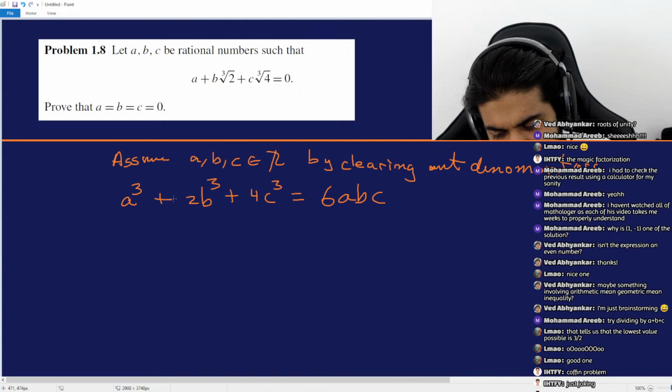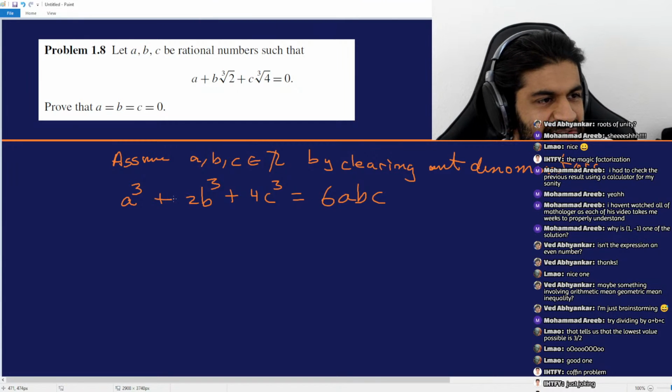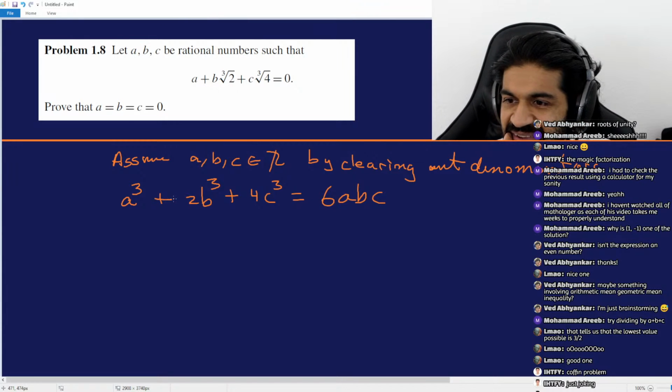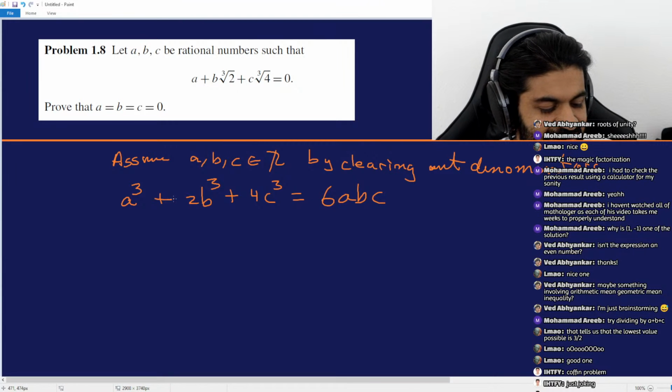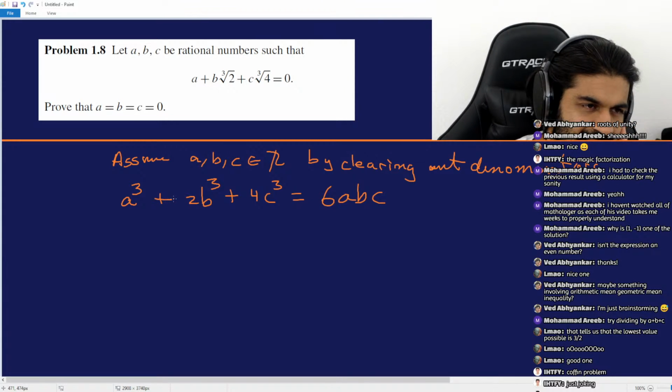So a cubed plus 2b cubed plus 4c cubed is equal to 6abc.